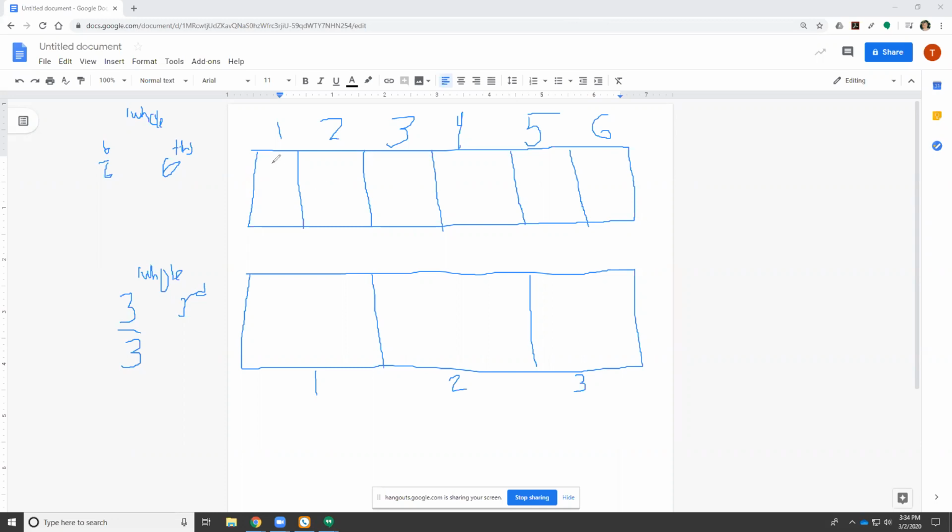You'd eat 3? Oh, you have more self-control than I do. All right, you ate 3 pieces. So what would that look like in a fraction? 3/6. Good.